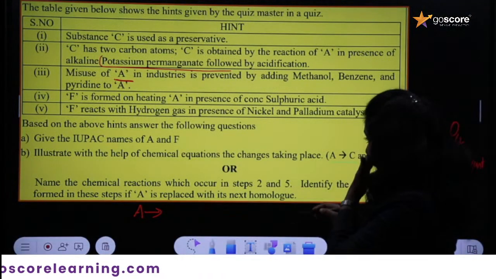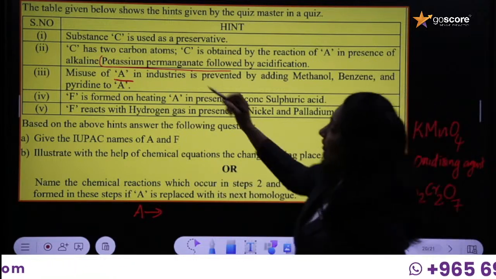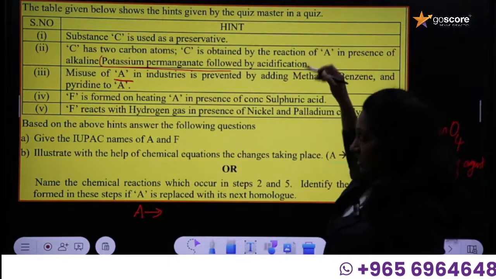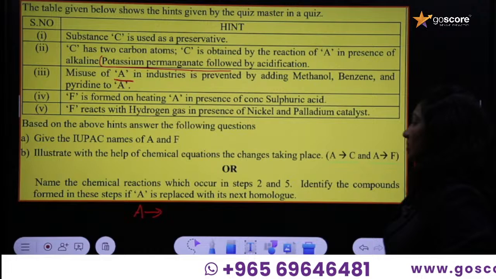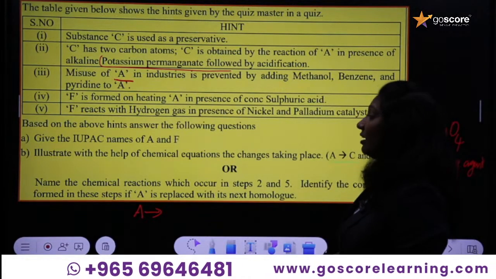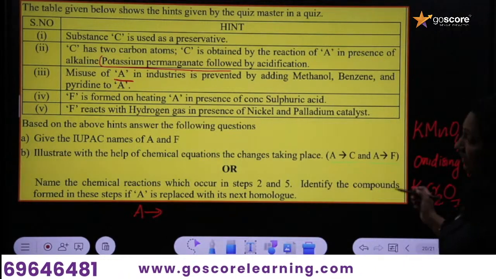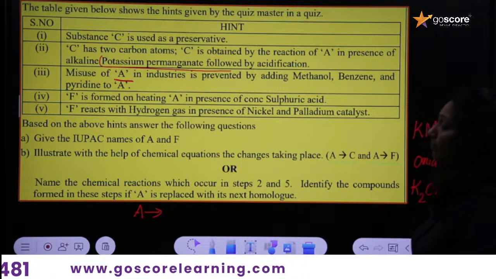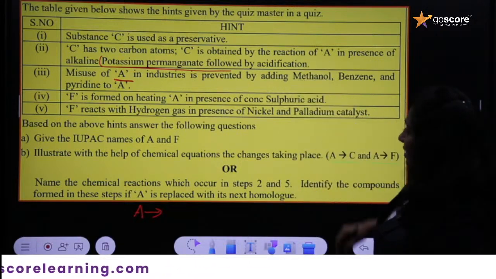Next, the last question is write the chemical reaction which occurs in step 2 and 5. In step 2, the oxidation reaction which we already mentioned, and step 5, the addition of hydrogen. That is addition reaction or hydrogenation reaction is occurring there, right?